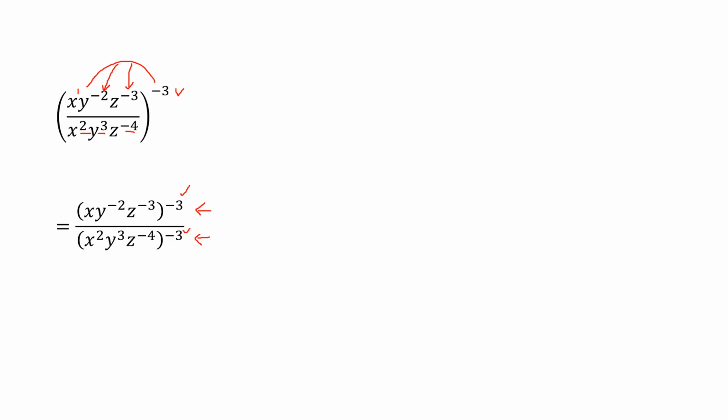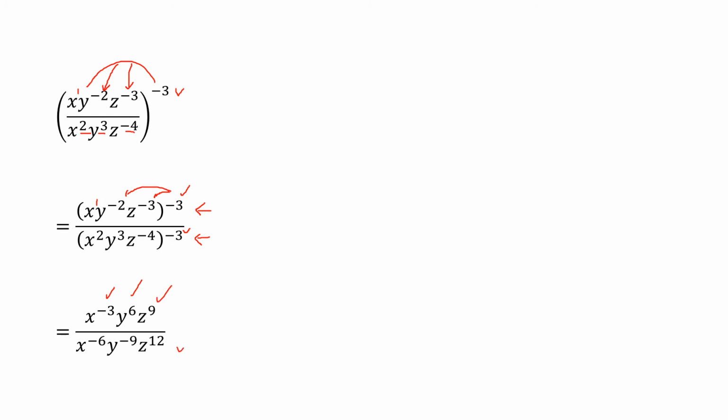Now I'm going to multiply -3 everywhere in the exponent, because -3 is also the exponent outside the bracket. And you see it's 1, so -3, it's -2, so -2 times -3 comes 6, and -3 times -3 comes 9.